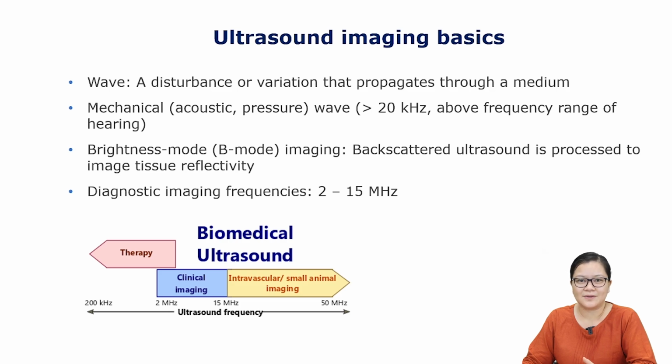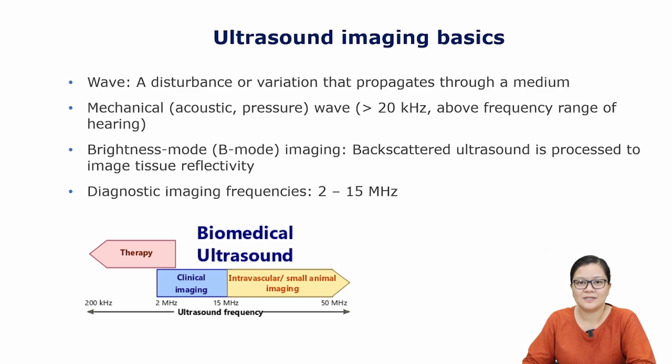Now, what is ultrasound? Ultrasound is a wave, and a wave is any disturbance or variation that propagates through a medium. Now, in ultrasound imaging, the medium that we're looking into is a fluid. So ultrasound is a mechanical or acoustic pressure wave which encompasses frequencies that are above the human range of hearing. So this is over 20 kilohertz.